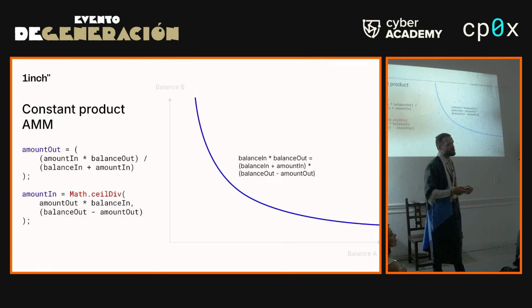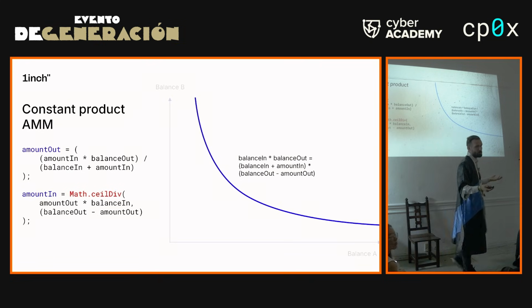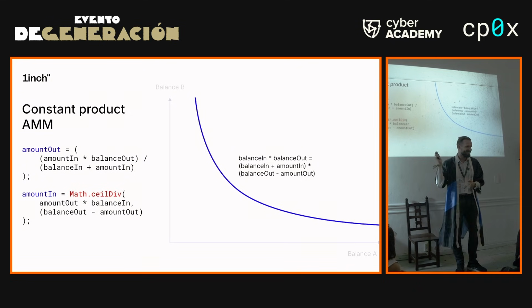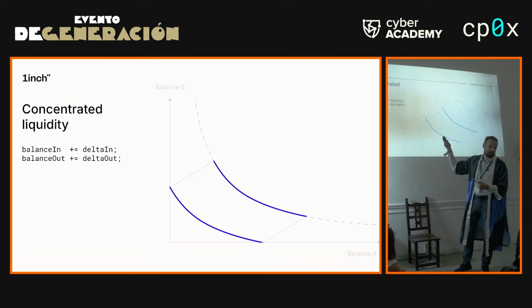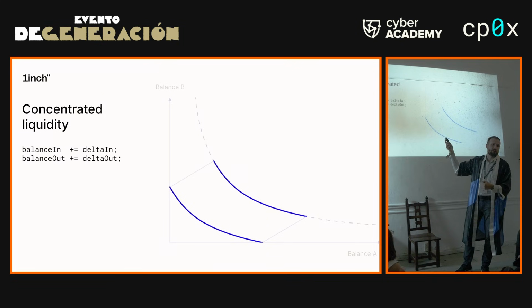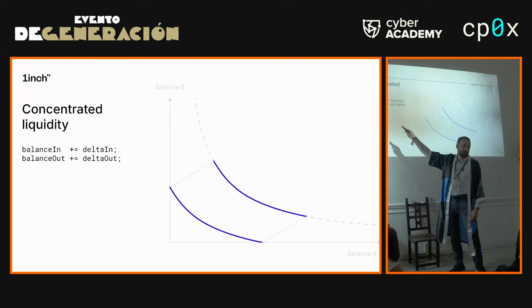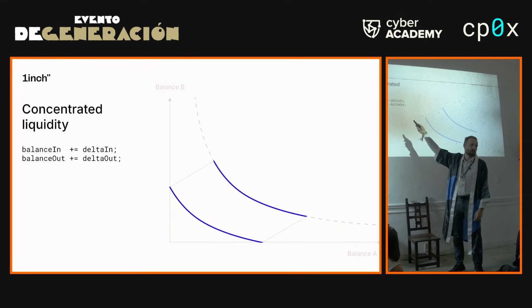But I would start with something easier, like concentrated liquidity, for sure. It should be easier than flat fees, yeah? And it is. For concentrated liquidity, the only thing instructions should do is increase balances by some deltas, which could be computed off-chain.